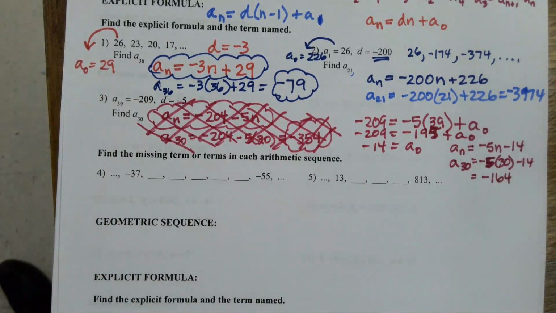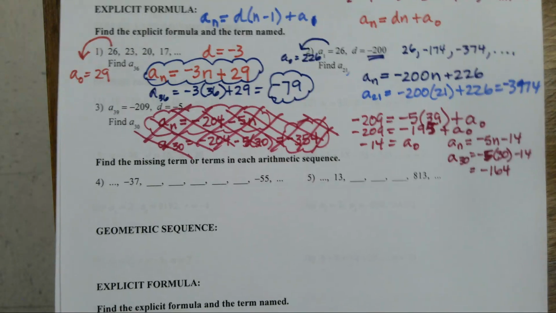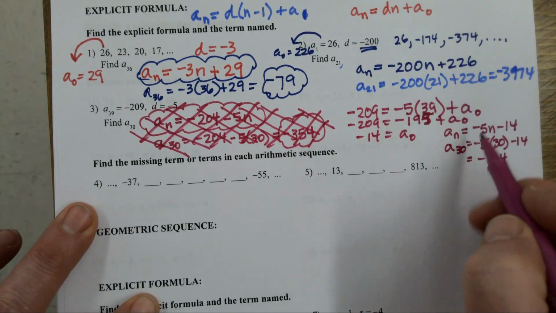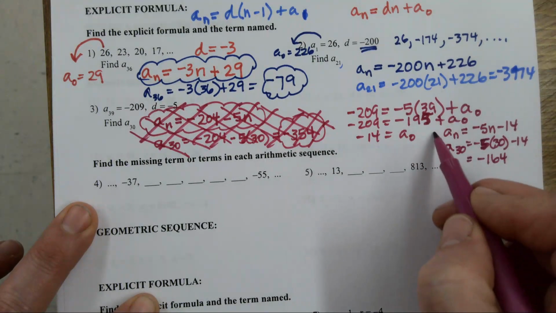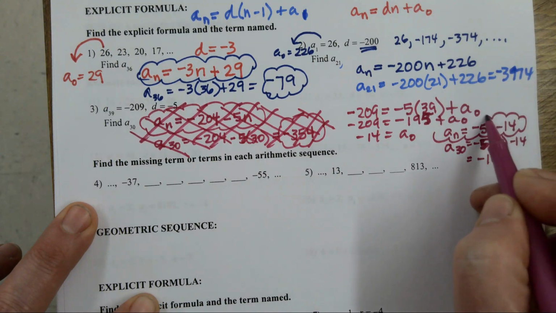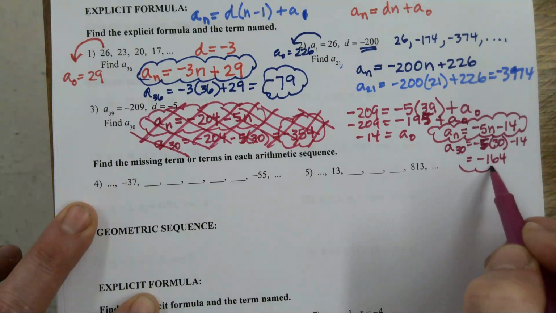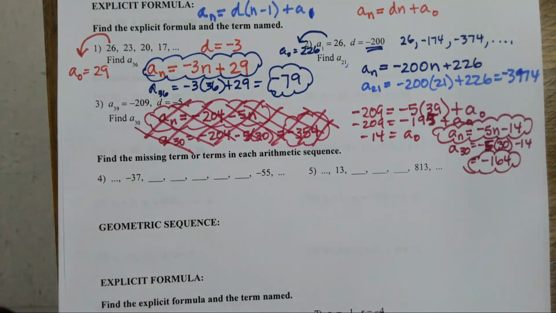Is that better? Okay, a little bit different. We changed up the notes a little bit because, again, we're still recovering from those snow days. So I forgot that we did not give extra samples of each one. But here is my formula, and here is my a sub 30.